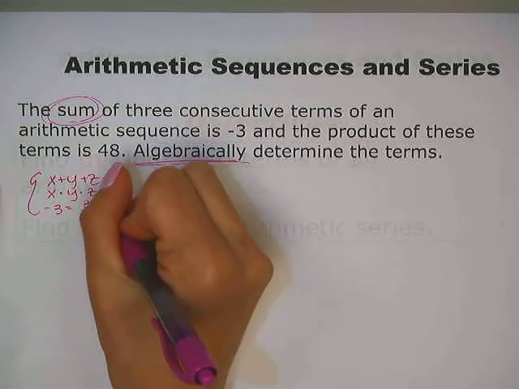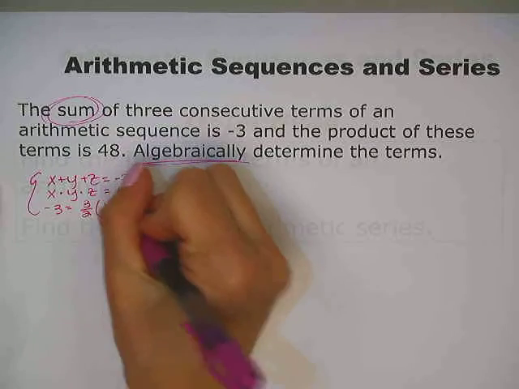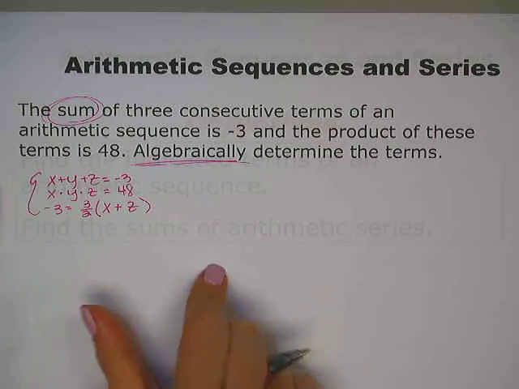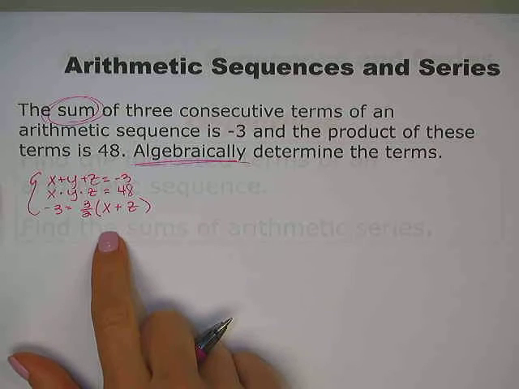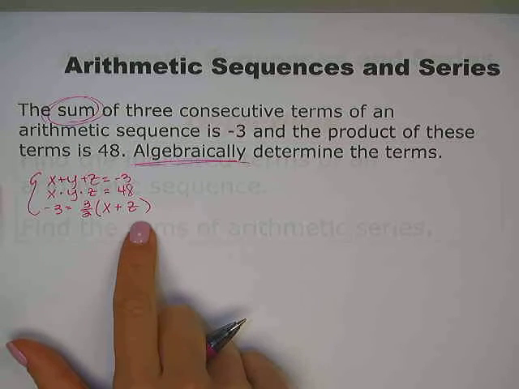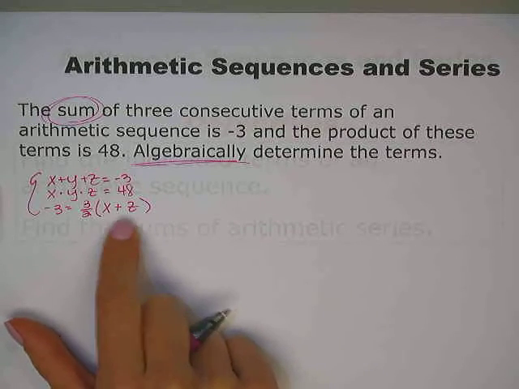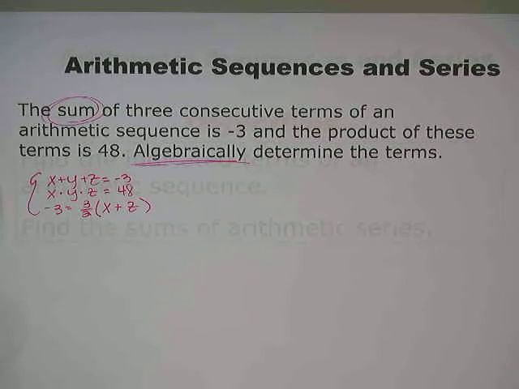So I'm going to say x plus z, because I'm finding the sum of the 3 terms. My first term would be x, and the last term would be z. Notice I'm skipping y because I'm just using the first term and the nth term. So those are my 3 equations.